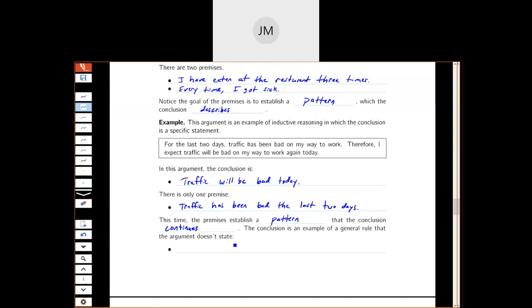Okay, so the conclusion is an example of a general rule that the argument doesn't state. So what goes unsaid here is that traffic will be bad every day. That's kind of what we're arguing, or maybe behind the scenes in our reasoning, but we didn't state it. So the general pattern is that traffic will be bad every day.